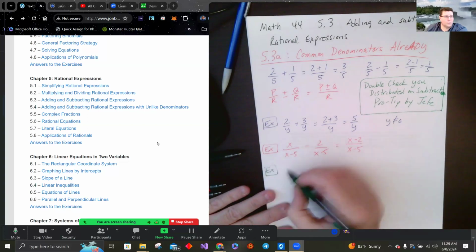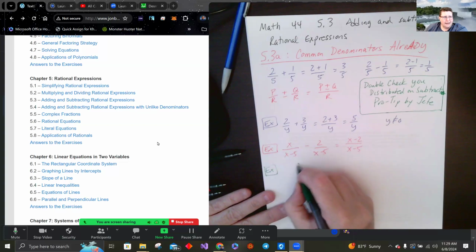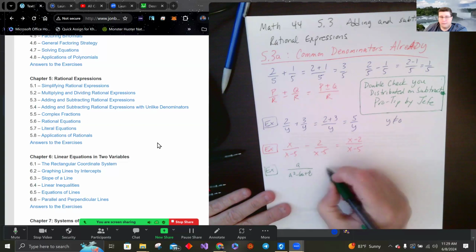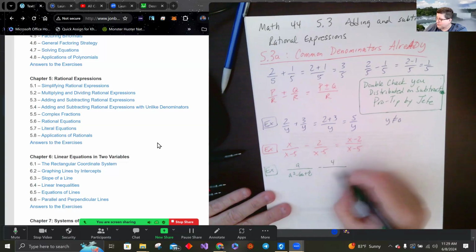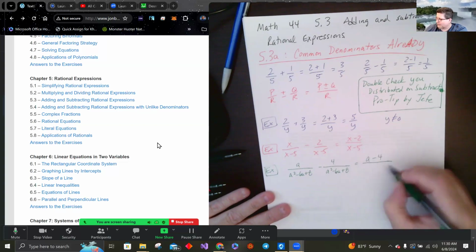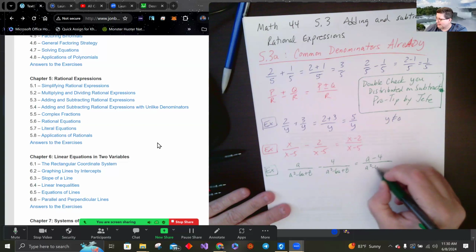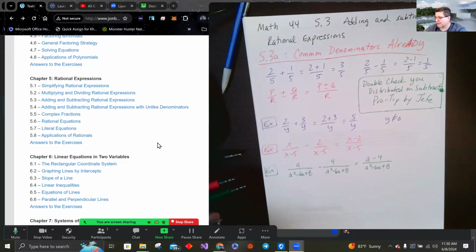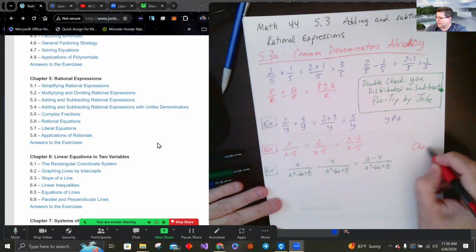And next one, we have a over a squared minus 6a plus 8 minus 4 over a squared minus 6a plus 8. If I put this together, I have a minus 4 on top, a squared minus 6a plus 8 on bottom. If you have something that's bigger than squares, check for cancellations once you put together.